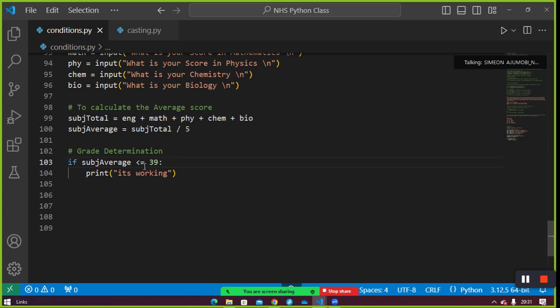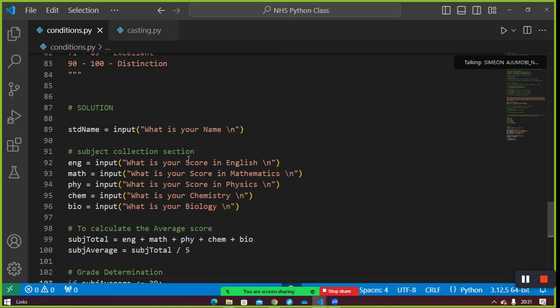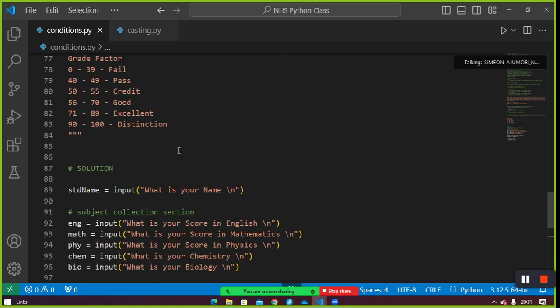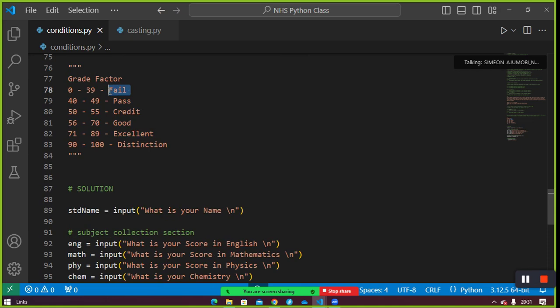Now, anything subject average less than 39, which simply means from 39 to 38, 37, 36, 35, 34, 33, 32, 31, 30, 29 down to 0. Anything from 39 whatsoever to 0 should be printed as fail.